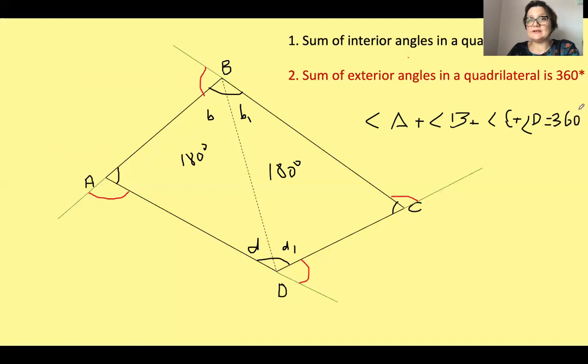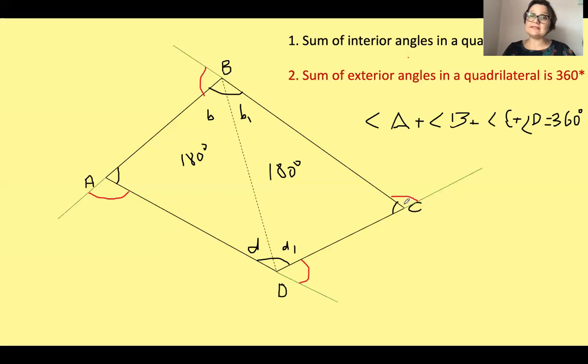This is a rule that you must remember off by heart to be able to solve problems in the future. And the other rule, or theorem, is that the sum of exterior angles in a quadrilateral adds up to 360 degrees.